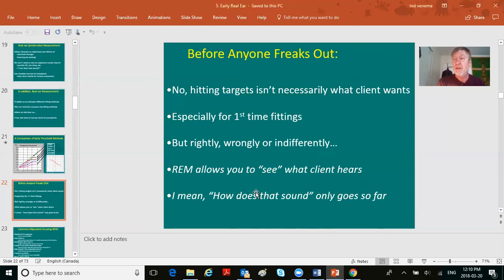You back off. But right, wrong, or indifferently, REM allows you to see what the client hears. You can print up the results and say, I deliberately fit under target on purpose. In a few weeks when he comes in again, I'm going to increase the response of the hearing aid. And I'll print up those results.